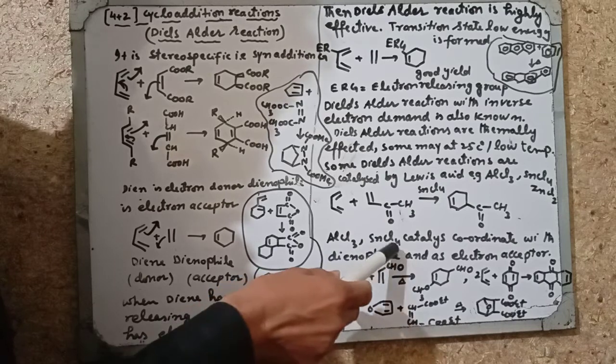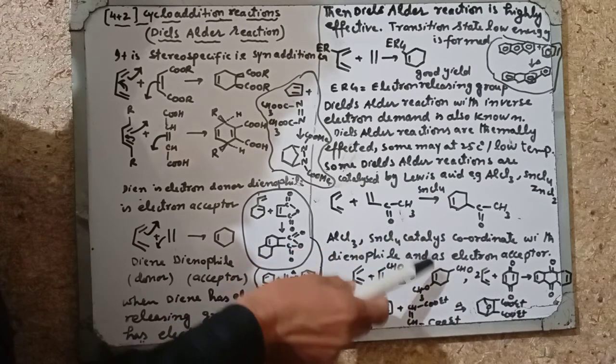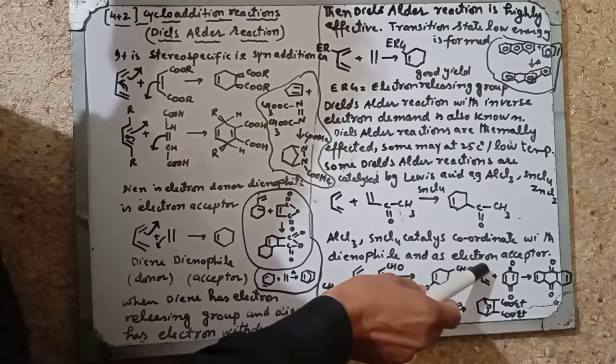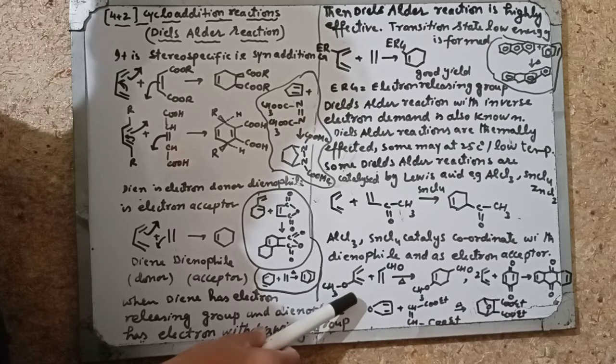So the AlCl3 or SnCl4 catalyst coordinates with the dienophile and acts as the electron acceptor. Therefore the reaction becomes fast.